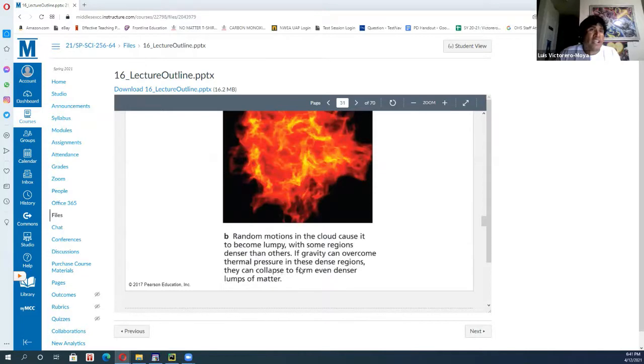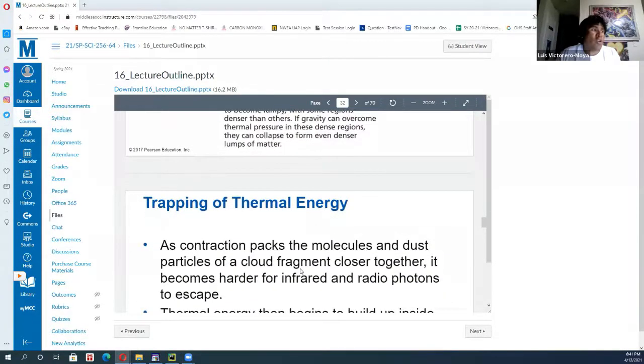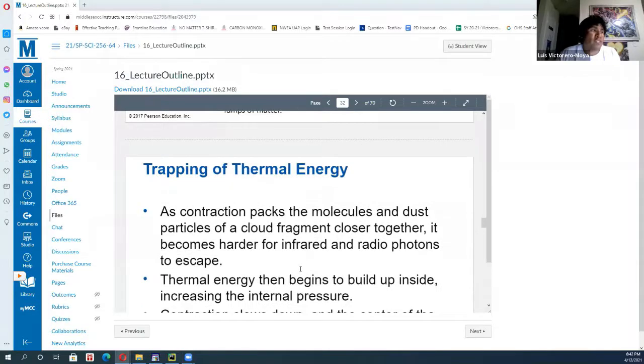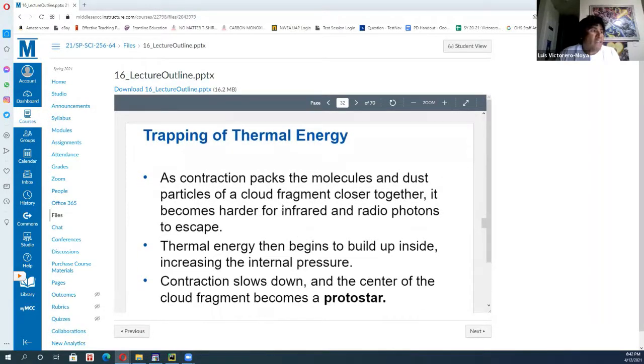And this will increase the random motions between particles. So then you have more collisions, more friction, right? And then you have that the infrared and radio photons cannot really escape, right? So then you have thermal energy building inside. That will start slowing down the contraction.